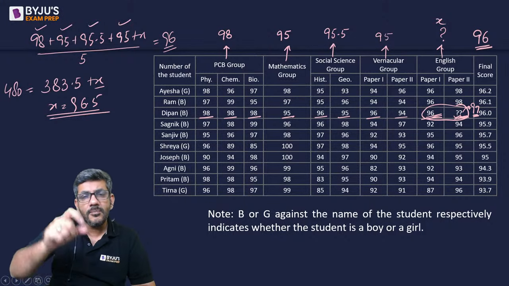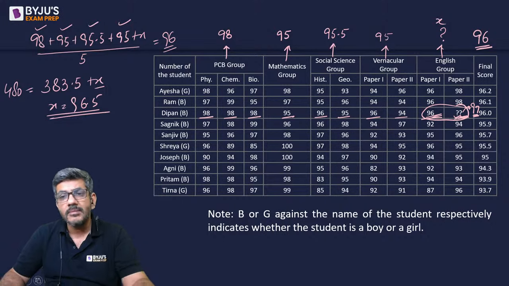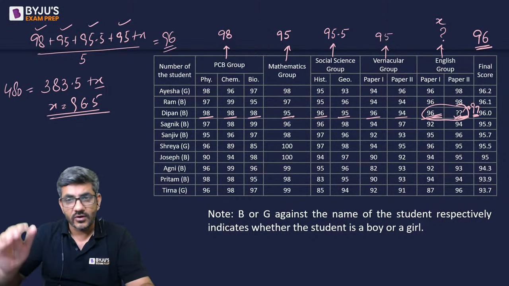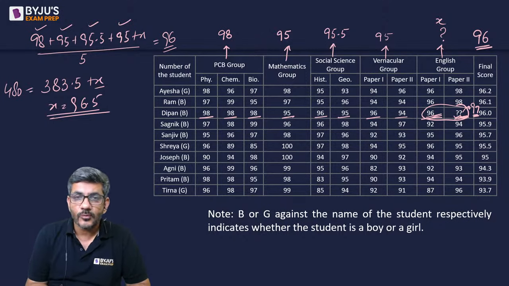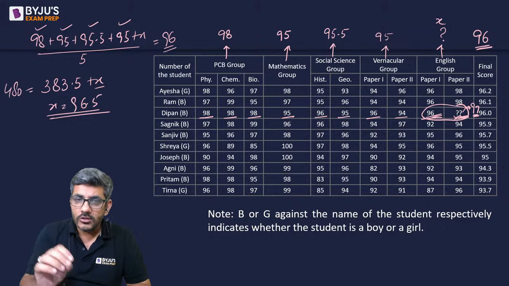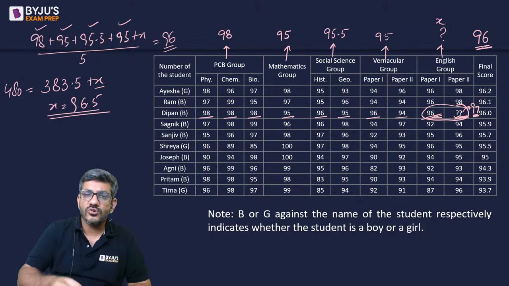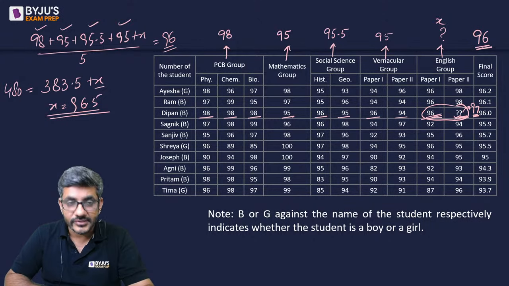For every group, we calculate the group score. We take a simple average of all of them, and that gives us the final score of the person at the end. I hope you all have understood this point. There is no doubt about this. How is this calculated? And it also has given us the score of Deepan in paper 2 of the English group.